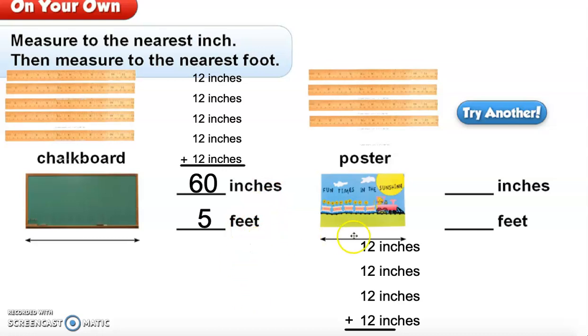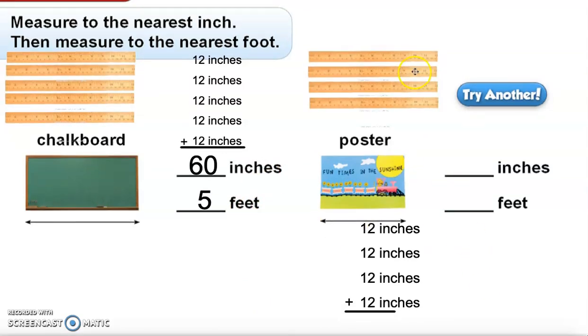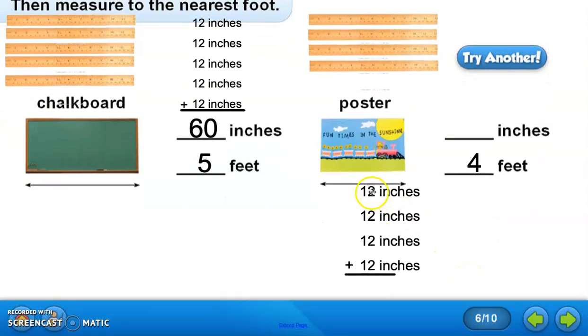Okay? So now I have a poster at my house, and for my poster, from one end of the poster all the way to the other end of the poster, I used 4 rulers. So I know that 4 12-inch rulers, 1, 2, 3, 4, could be 4 feet long. Okay? Now let's find out how many inches there are. So I added 12 to itself 4 times.